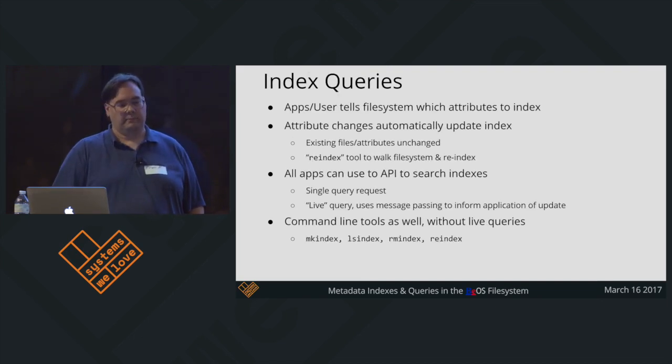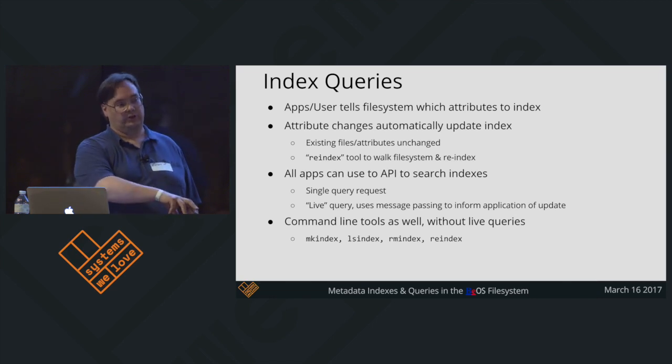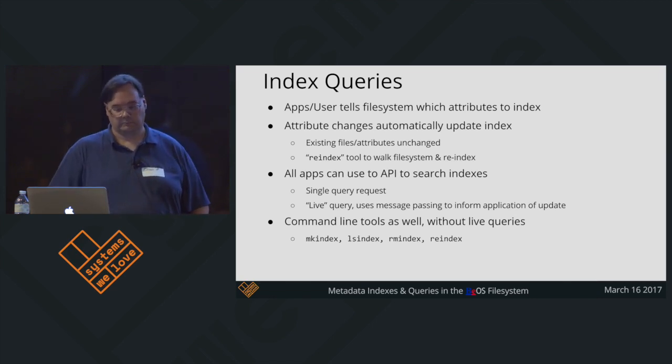So an application can tell the file system what attributes it wants the file system to keep an index of. And then anytime an update occurs, whether it's an update to inode information or a change to an attribute, that update automatically goes through to change in the database itself.